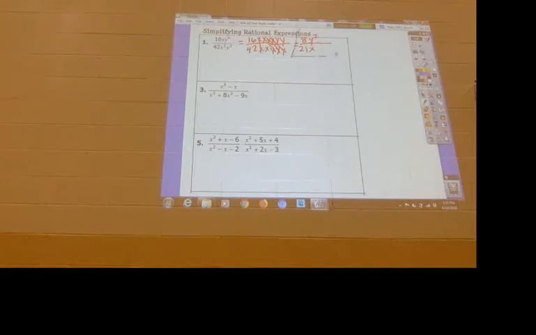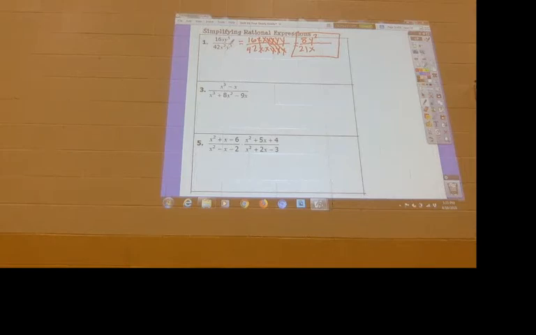Okay? Not too challenging so far. How do you get just 21x? When do you get 21 negative x? Because x to the first and x to the second, it stays on the bottom. I'm not changing it.